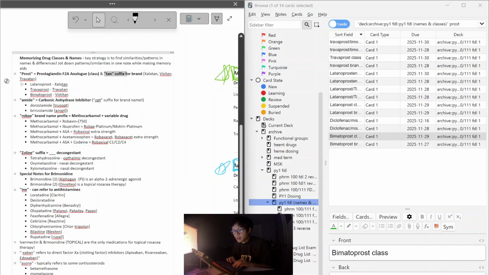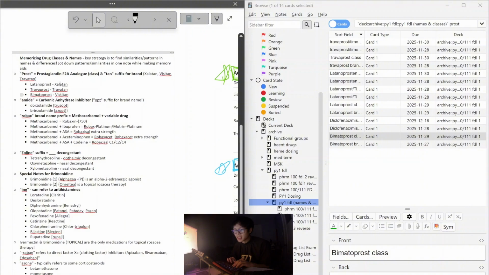For every brand name of a prostaglandin, we'll always find the suffix tan at the end. Like latanoprost is represented by the brand name Xalatan. If the generic name is travoprost, the brand name is Travatan, and so on and so forth.